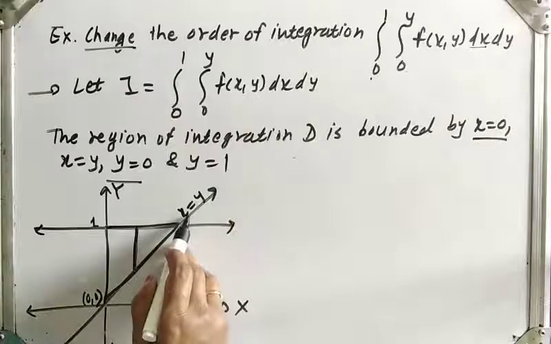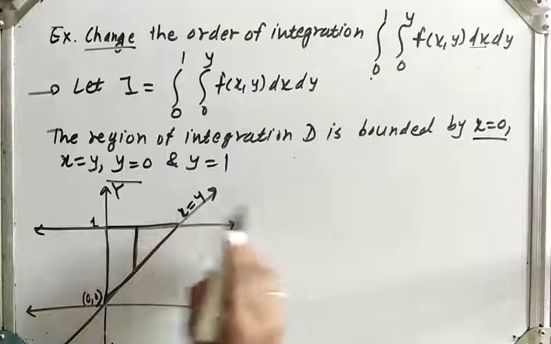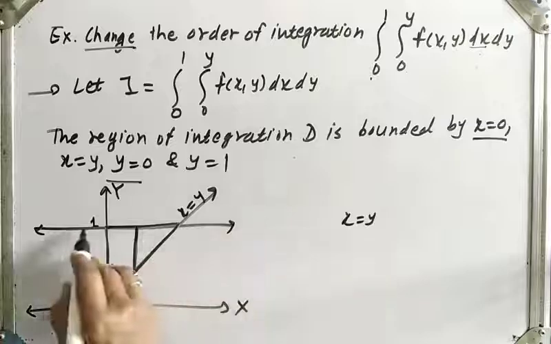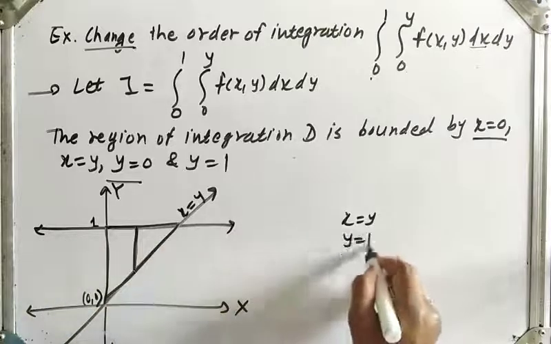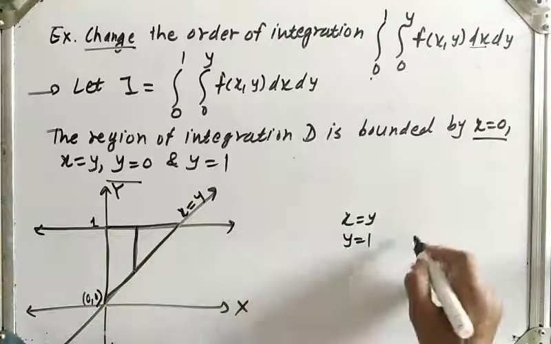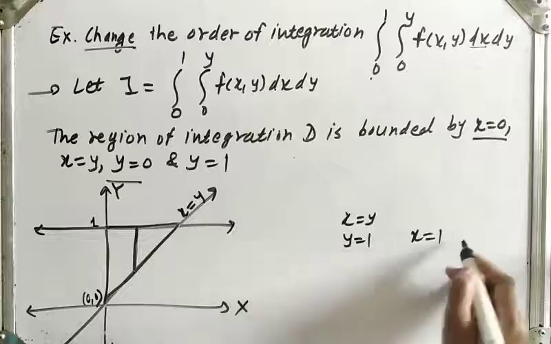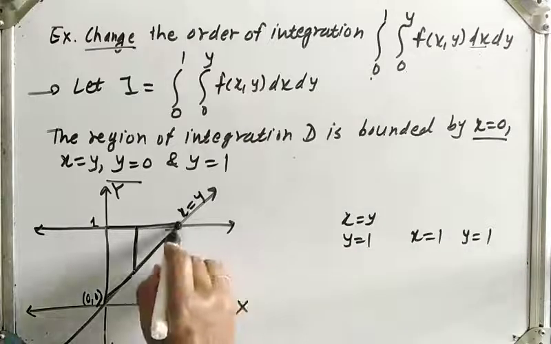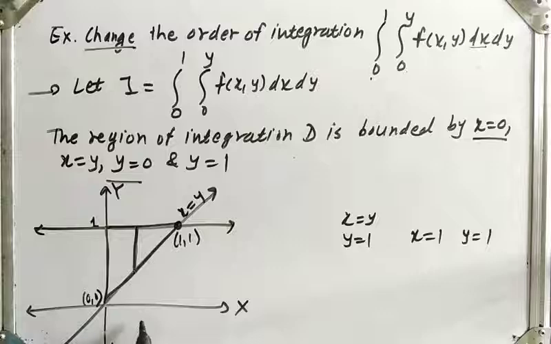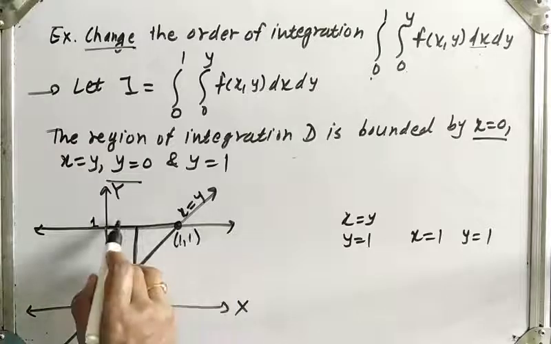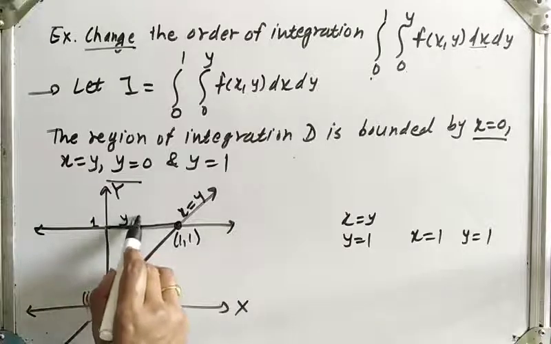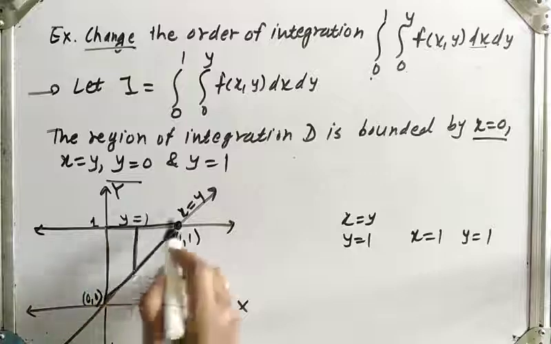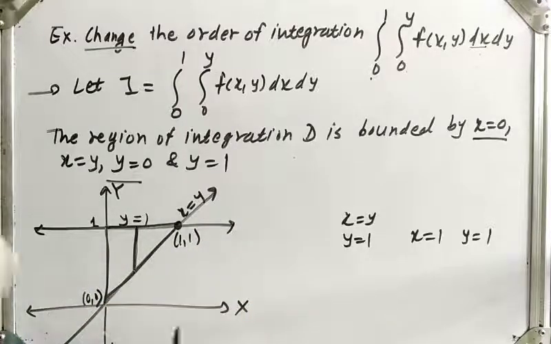The intersection of x is equal to y and the line y is equal to 1: x is equal to 1, when y is 1. So this point is 1, 1. This line is y is equal to 1 and this line is x is equal to 1.